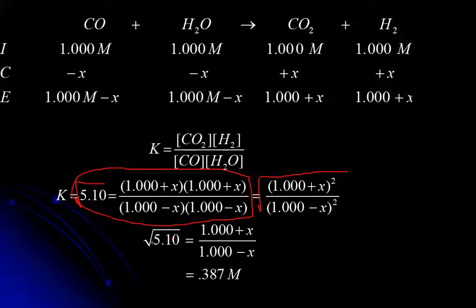Once you get the square root of 5.0, you can plug that in here. And then it's a matter of cross multiplying and solving for x, making your like terms come together, getting x on one side. Once you do all the algebra, you find out that x equals 0.387 molar.